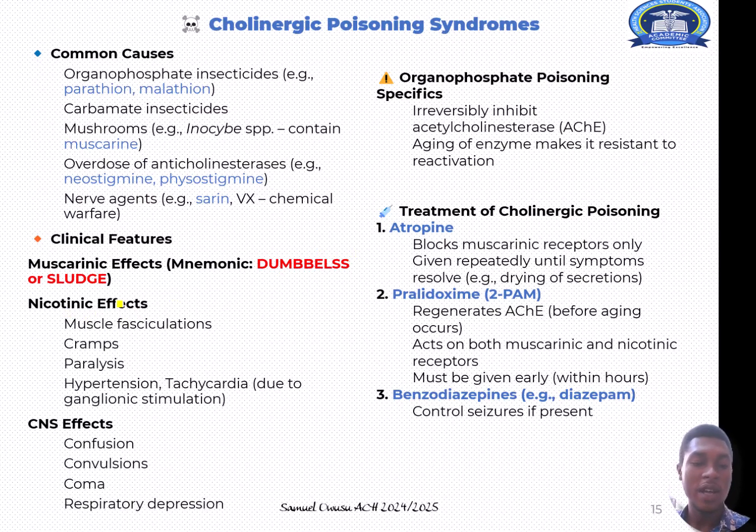They also tend to have nicotinic effects, which are muscle fasciculations, cramps, paralysis, hypertension, and then tachycardia. Okay. CNS effects are confusion, convulsions, coma, respiratory depression. All right. Benzodiazepines are used in the control of seizures if any seizure is present.